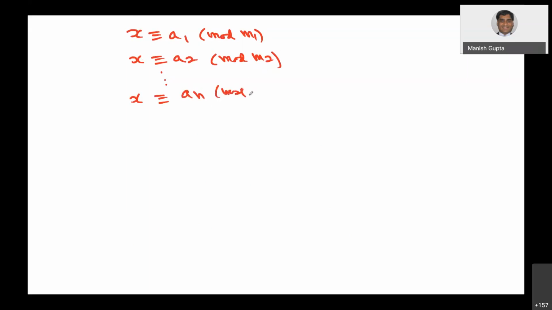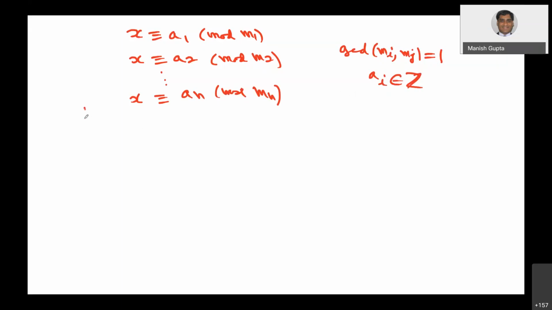So here is the result. Suppose x is congruent to a1 mod m1, and also x is congruent to a2 mod m2, and finally x is congruent to an mod mn. Here, our assumption is that GCD of mi and mj is 1; they are co-prime to each other, and the ai are integers.